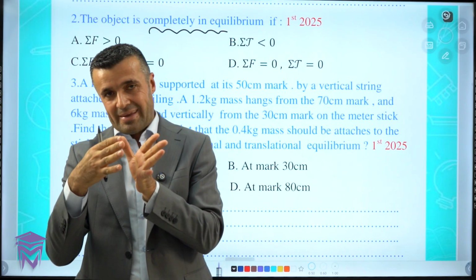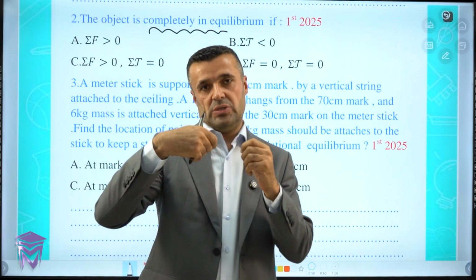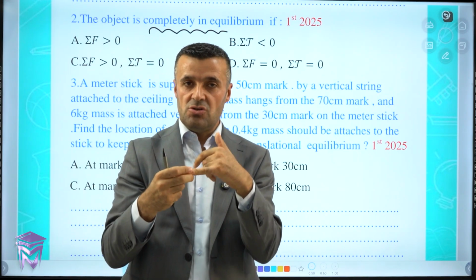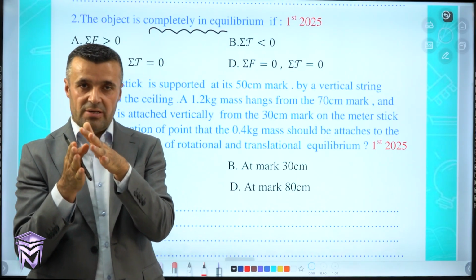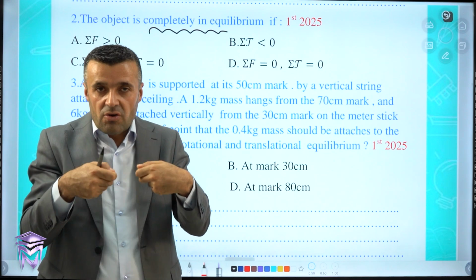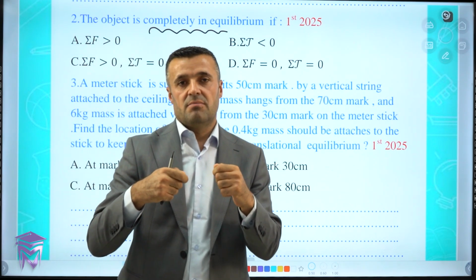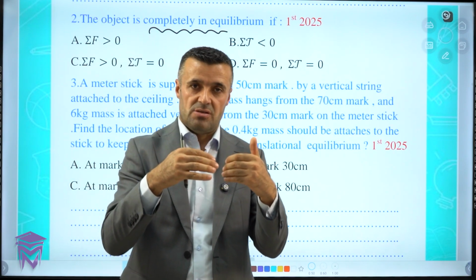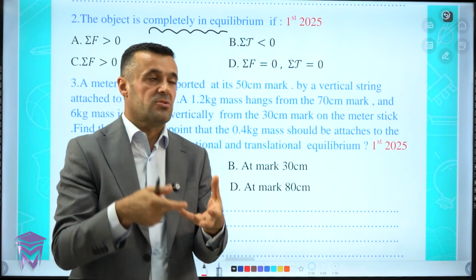The main condition for translational equilibrium is that the summation of forces acting on the object equals 0. For rotational equilibrium, the summation of torque must equal 0. For total equilibrium, the summation of torque acting on the object and the net force acting on the object must both equal 0.